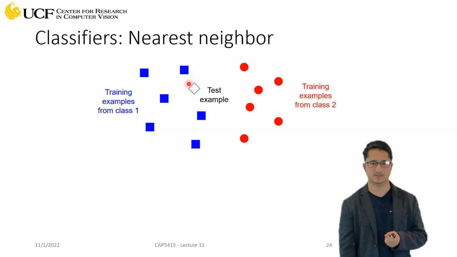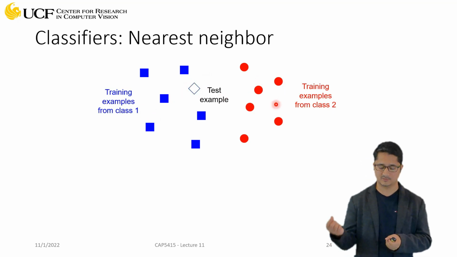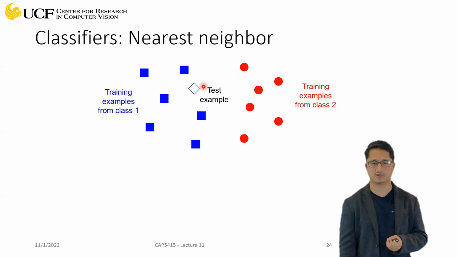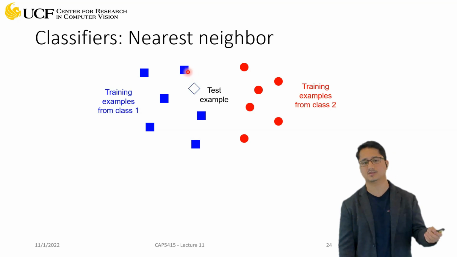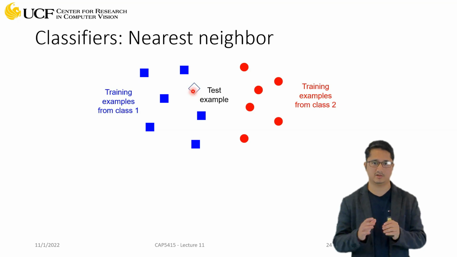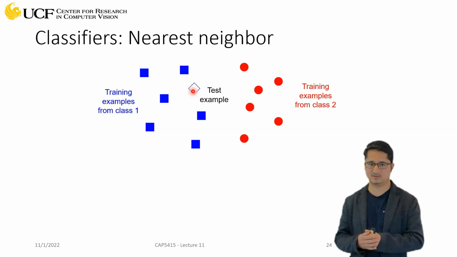You compute with this, with this, with this, and all the red samples as well. Then you sort all those distances, and whichever distance is the shortest, you pick that class. So in this case, if this is closest to this blue sample, you say this sample is from the blue category. You just assign that blue category to this test sample, and that's it. That's your nearest neighbor classifier.